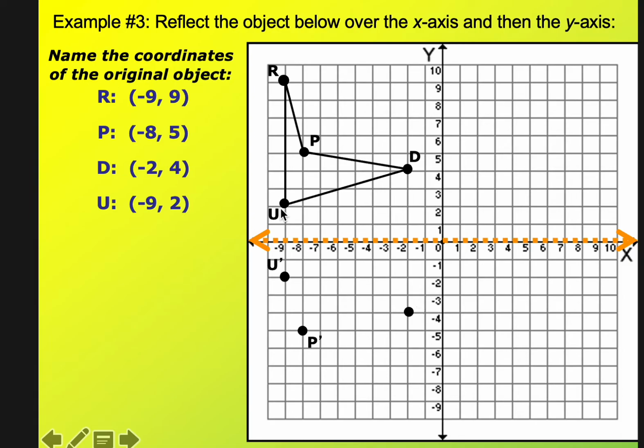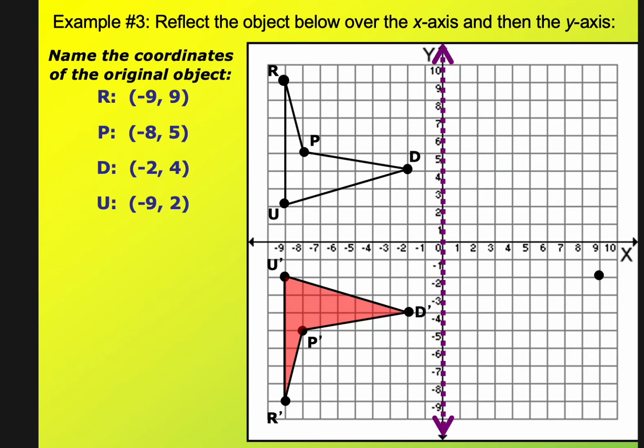We flip them all over. We connect our dots. Okay, now we're going to flip it over the y-axis. U becomes U double prime, P double prime, R double prime, and D double prime. Look what it looks like now. It was like this. Now it looks like this.